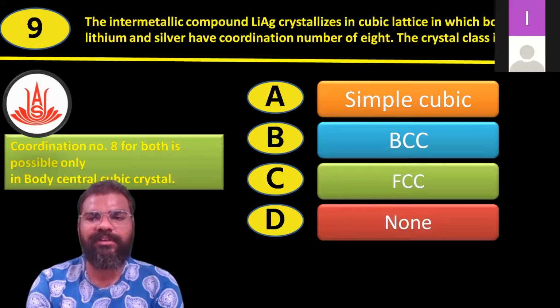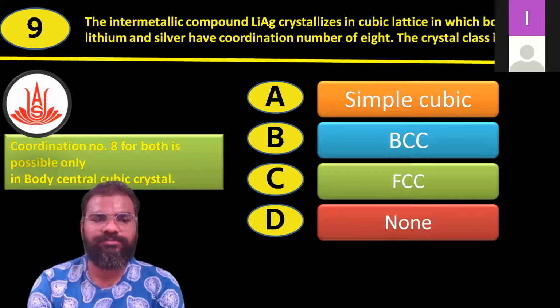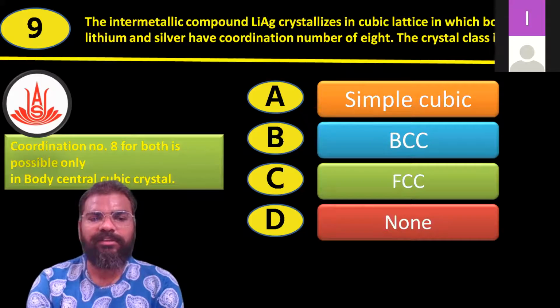The crystal class is blank. Whether it is simple cubic, BCC, FCC or none. Here they have given the coordination number, that is 8. So you can say BCC, that is body-centered cubic, is the correct answer for it.